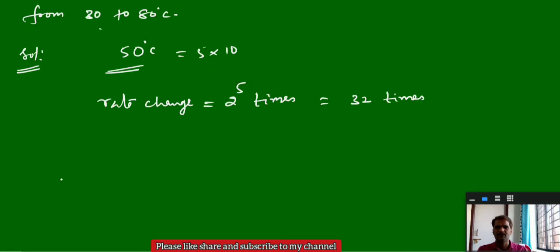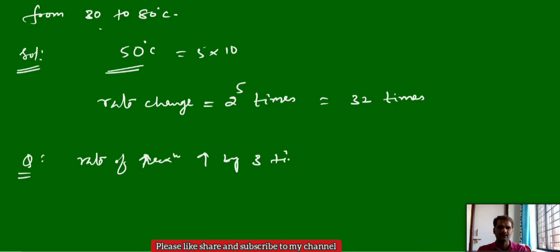Let me take one more question here similarly. Here the rate of reaction increases by 3 times instead of 2 times, 3 times for each 10 degree rise. Then if you change the temperature from 35 to 65, how many times will the rate increase?